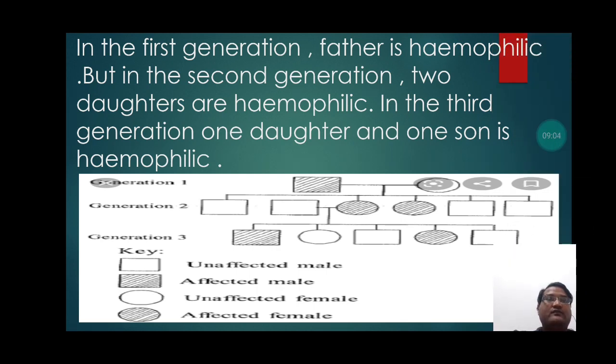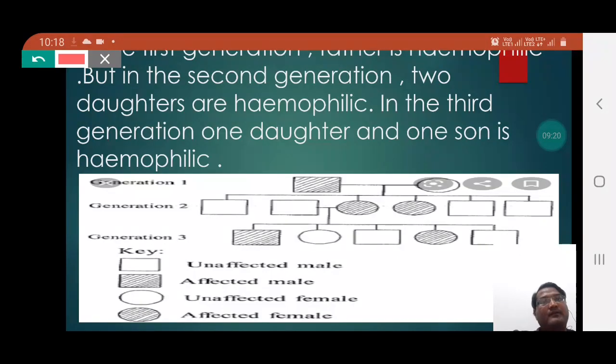In the first generation, the father is hemophilic, but in the second generation, two daughters are hemophilic. In the third generation, one daughter and one son are hemophilic. Now students, with the concept we have learned, we can understand this pedigree analysis, where in generation 1 we notice that the father is hemophilic and the mother is not hemophilic, that is normal.